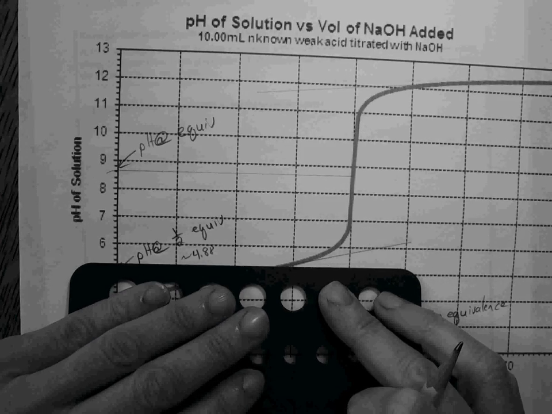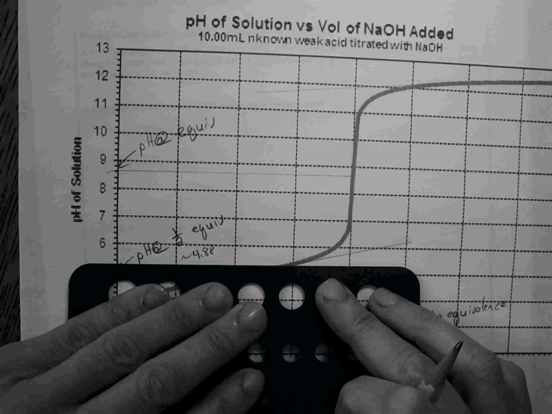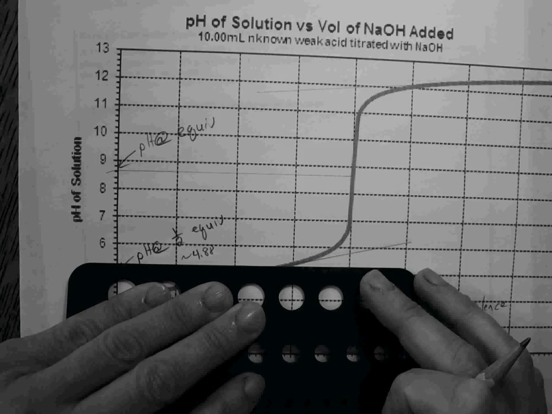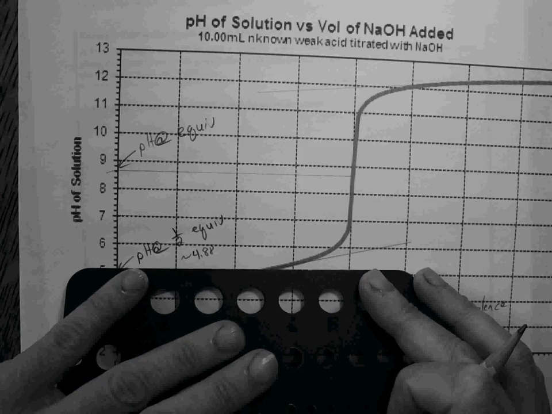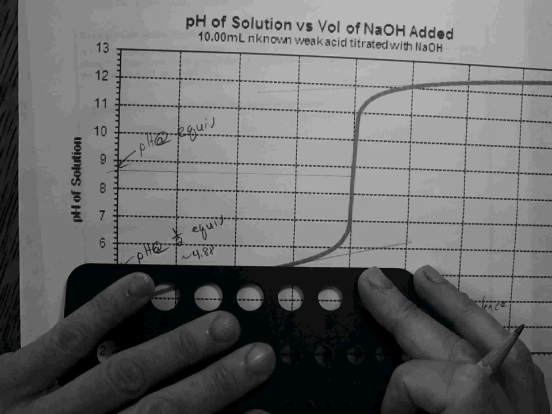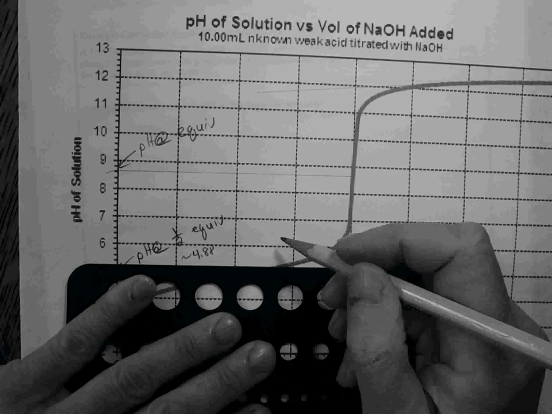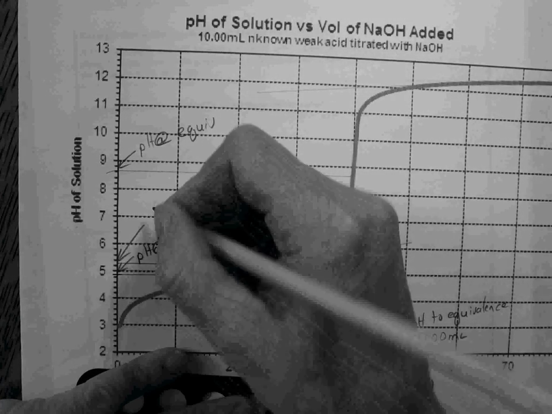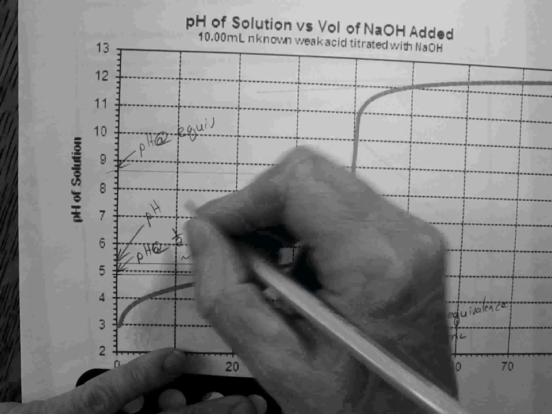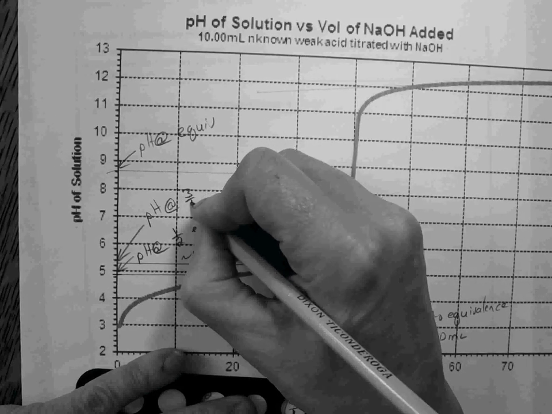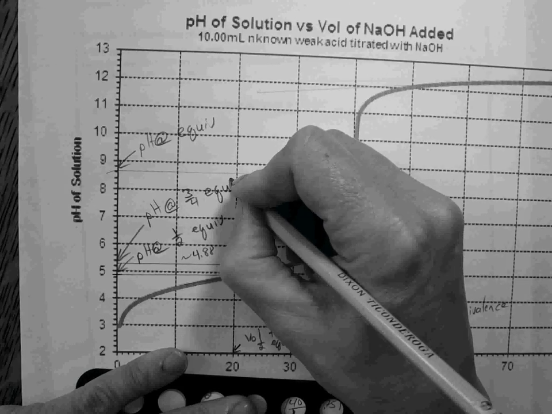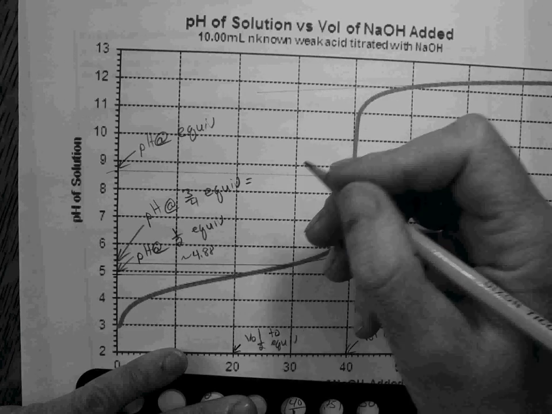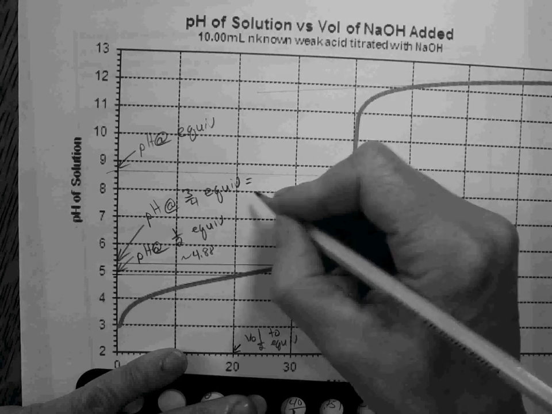And at 30 milliliters, the 3/4 point, okay, there, draw a flat line over, and this would be the pH at 3/4 equivalence. And as I estimate it, it's about 5.38.